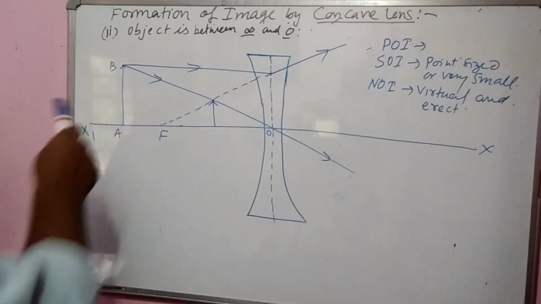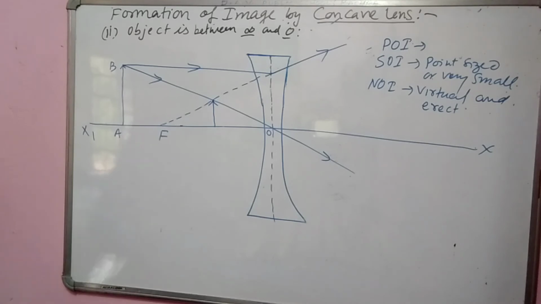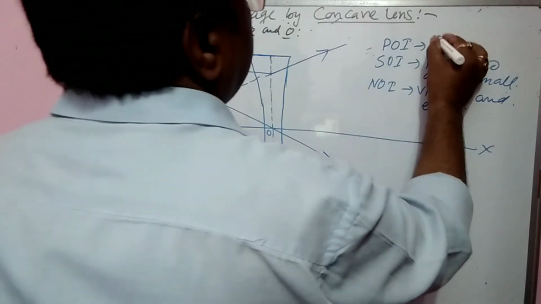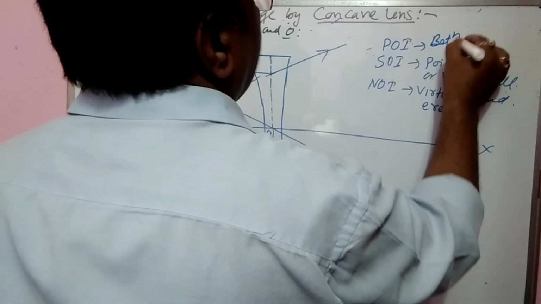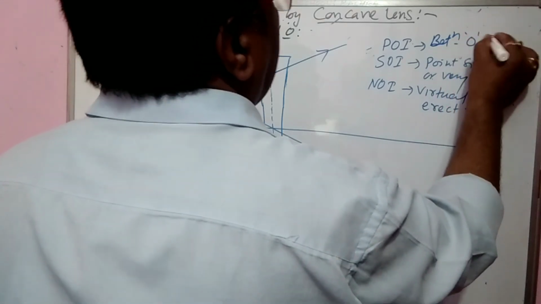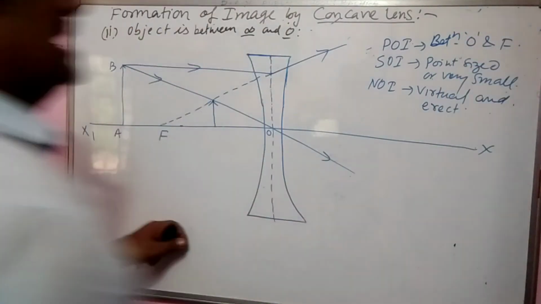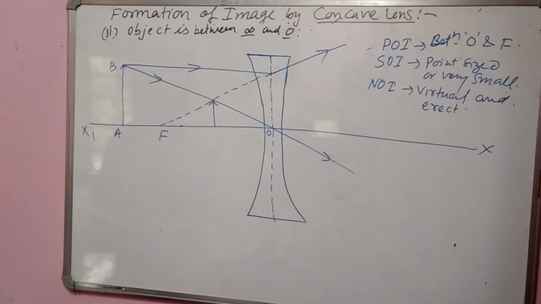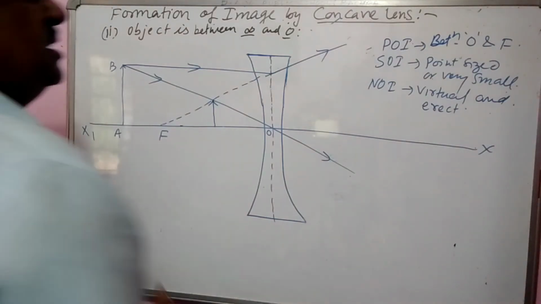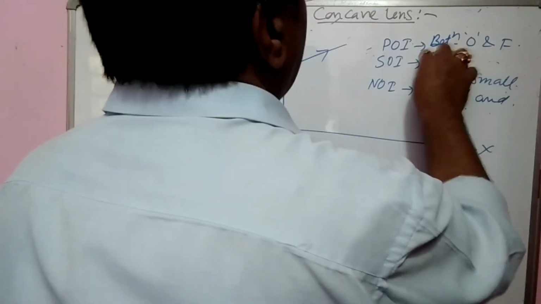Now if the object is placed anywhere in front, the position of image will always be between O and F, and the size of the image will always be smaller.